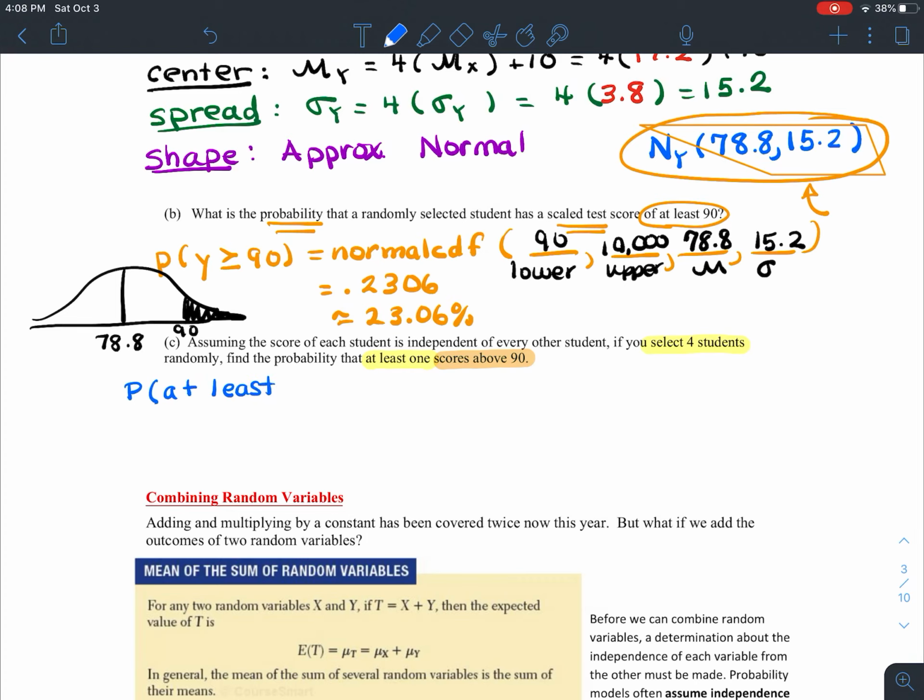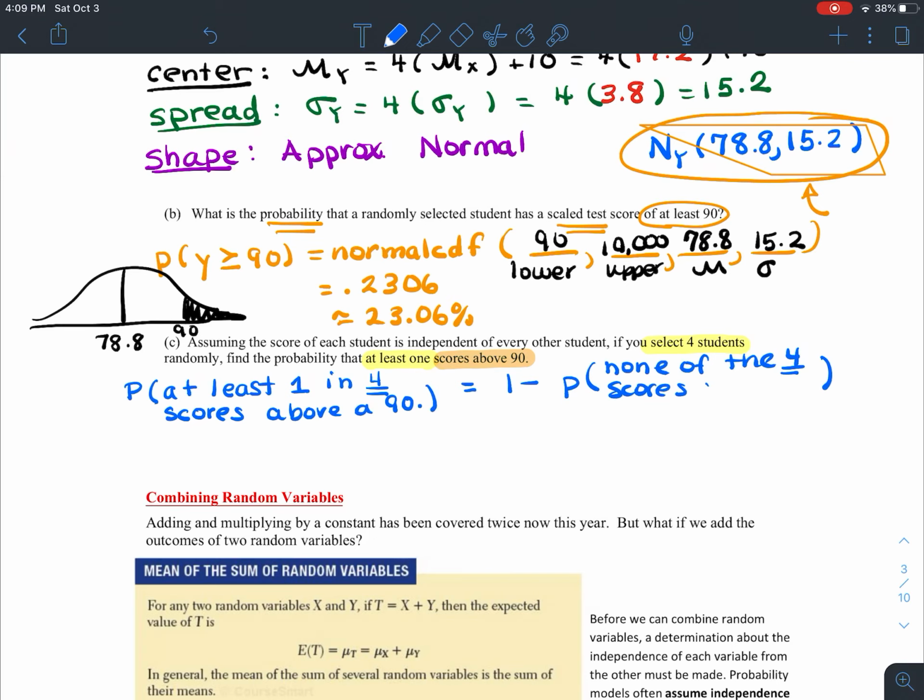Keep in mind, we're not talking about selecting one student. We're talking about having selected 4 students. So when we see at least one, this is asking what is the probability that at least 1 in 4 of the scores is above a 90, and it's a really good idea to write that down.